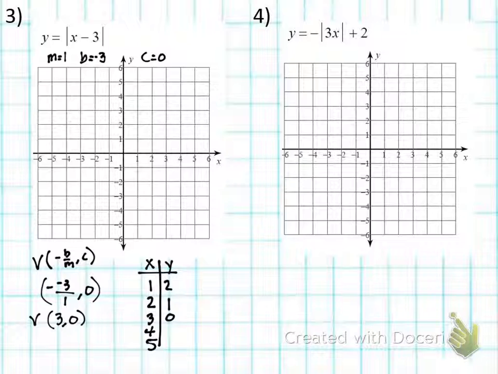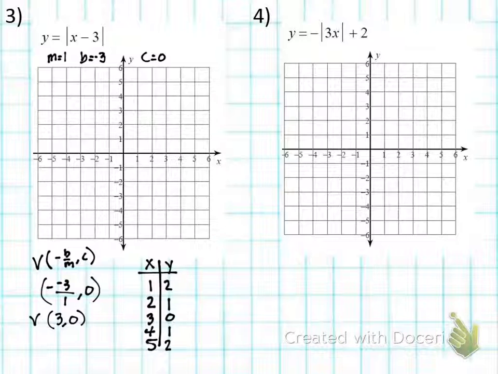Good. Next one, 4. 4 minus 3 is 1. Absolute value of 1 is 1. Good. Next one, 5. 5 minus 3 is 2. Absolute value of 2 is 2. Okay. Then you plot your points.